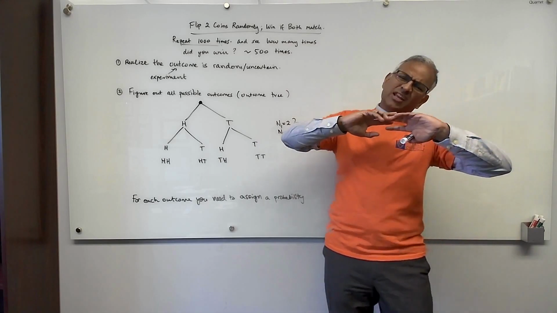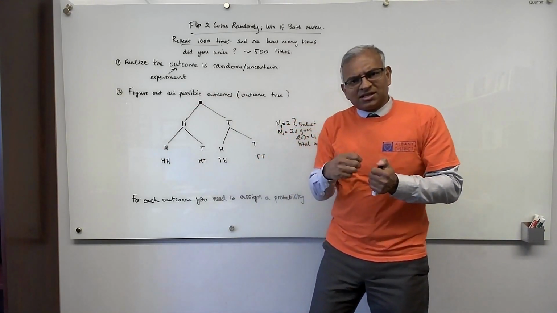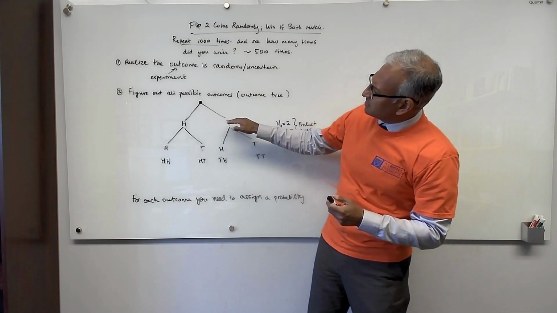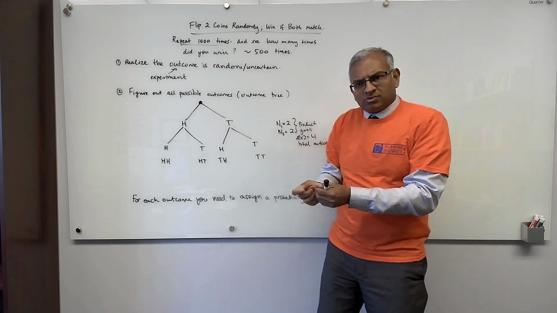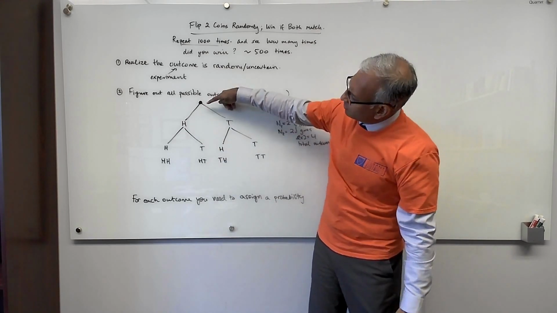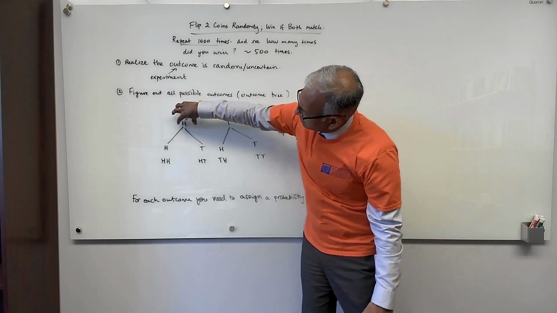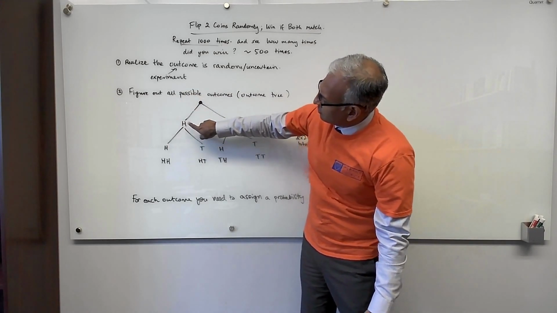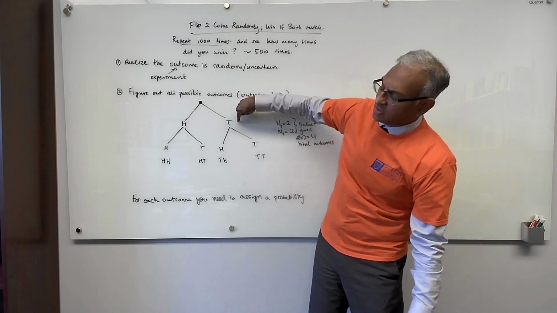But for almost anything we do in practice, there's an associated sequence of steps that take place, and you can represent each step by a branching of a node in a tree. So the root node is the first step, and it branches into the two possible outcomes. Then the second node is what happens in the event of a head, you branch off. What happens in the event of a tail, you branch off.